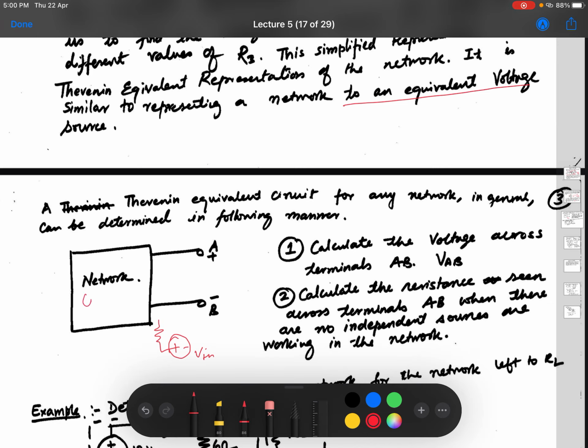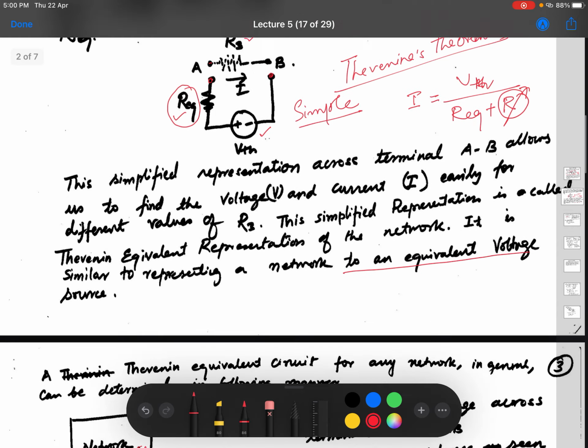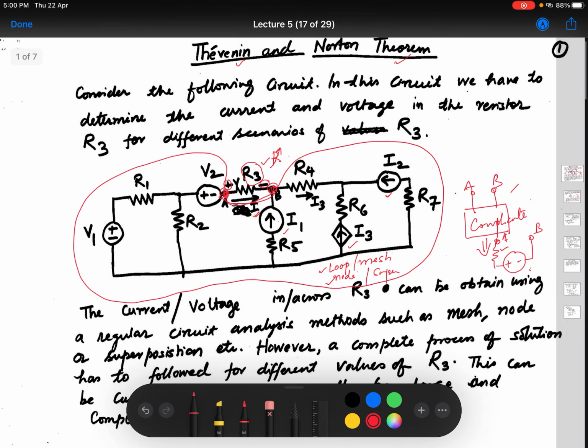Now if this is the complicated network for which we are interested to find the Thevenin equivalent, and these are the terminals in the network across which this Thevenin equivalent is sought, then what we do is we try to find what would be the voltage coming across A and B. Okay, so if you go back to that here, we'll find what will be the voltage across A and B for this network, and that is kept as VAB, or that itself is VTH.